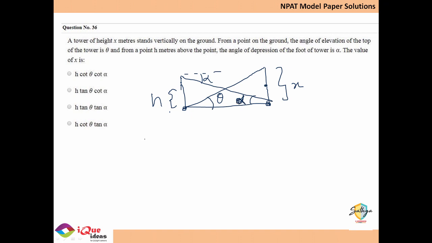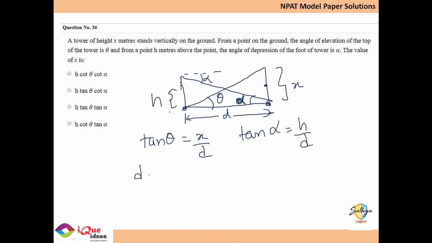So now I know, let the distance between these 2 points be equal to d. So I know tan theta is opposite upon adjacent. Similarly, tan alpha is opposite upon adjacent. So I get d is equal to x by tan theta, which is equal to h by tan alpha.